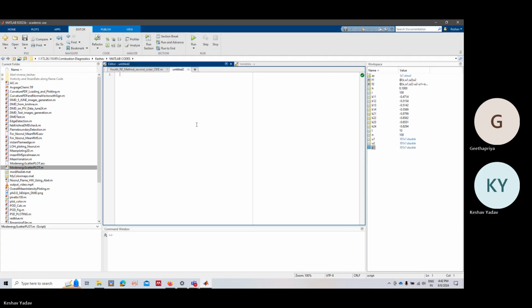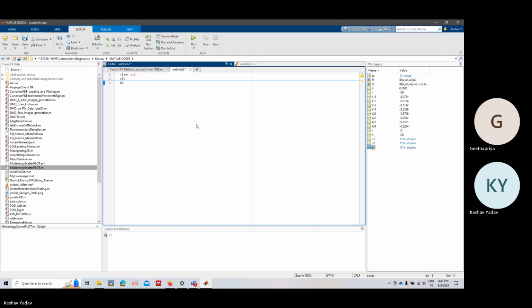First we will discretize the domain. Then we will define the function. First I'm just writing clear all and clc.